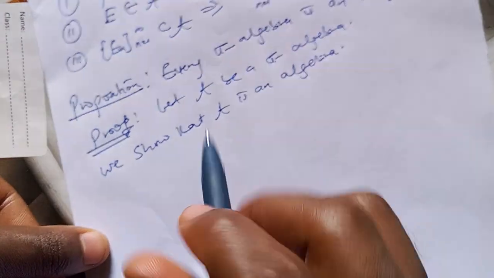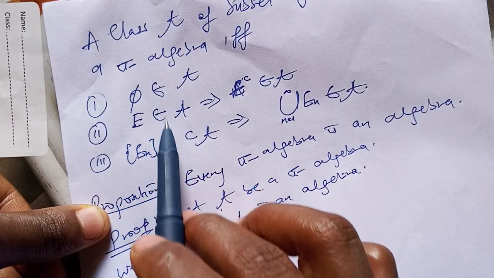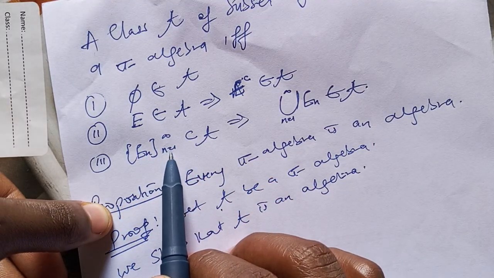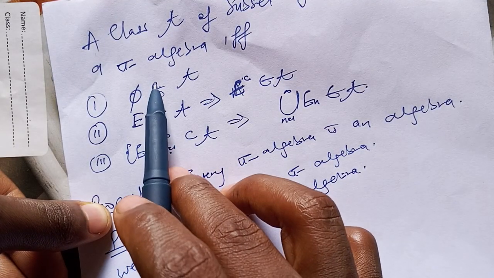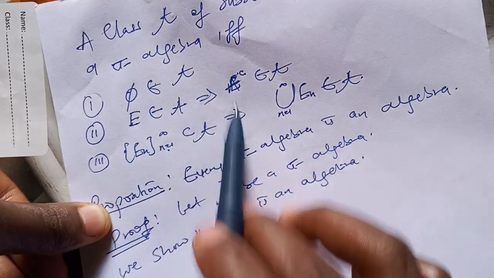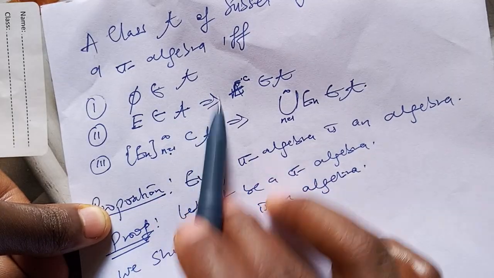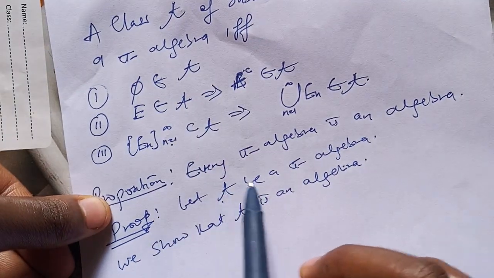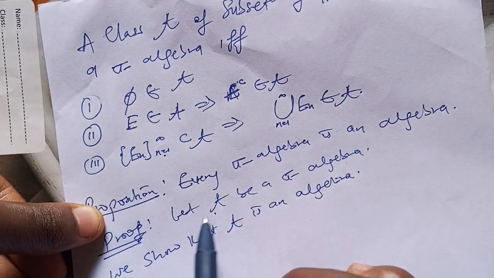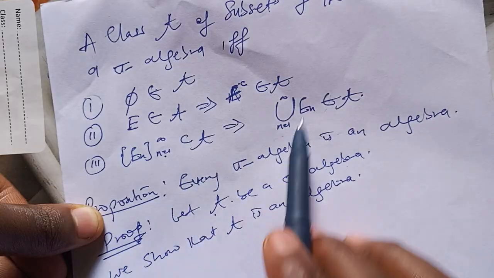For this to be a sigma algebra, it must satisfy these three conditions, so these conditions are already satisfied and already true.